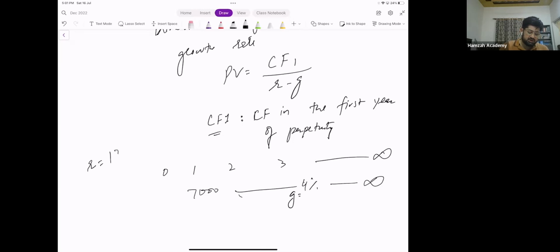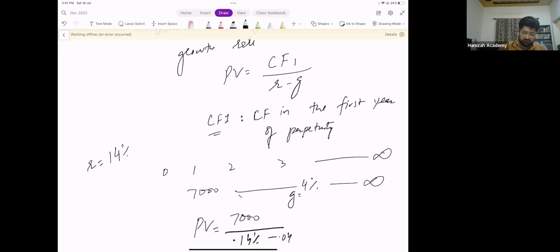R is equal to 13%. Okay, make it 14%. What is the present value? CF1 7,000 over R minus G, 0.14 minus 0.04, 70,000. Perpetuity with growth.